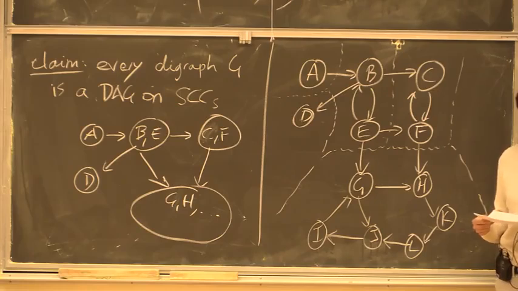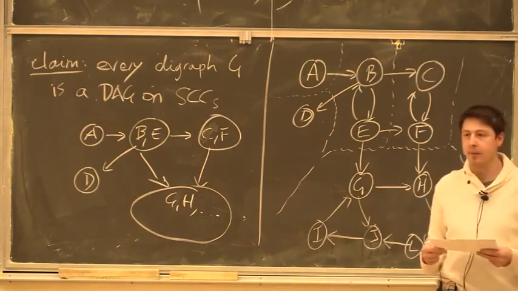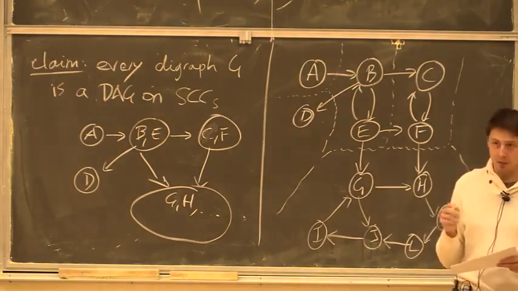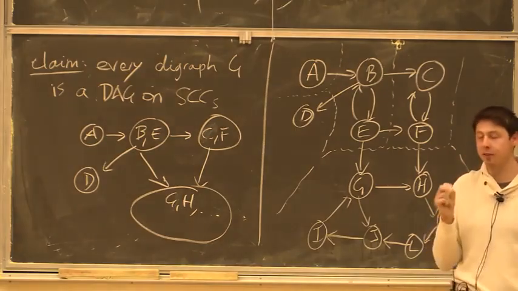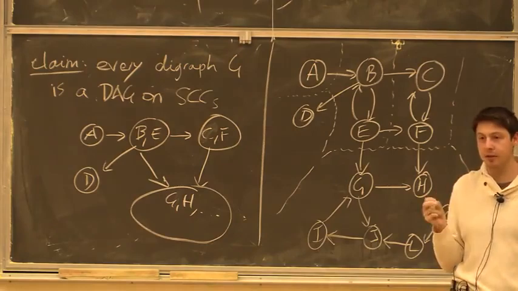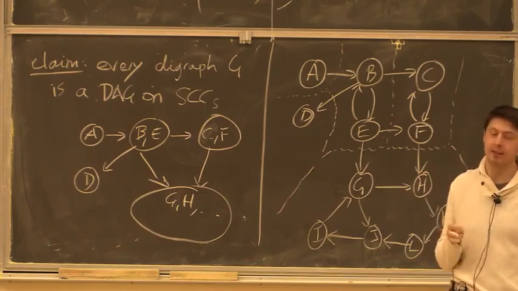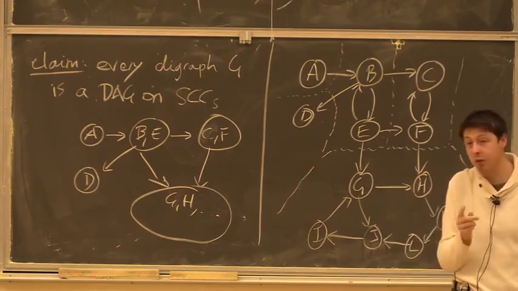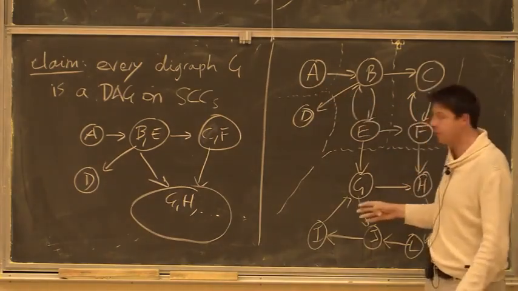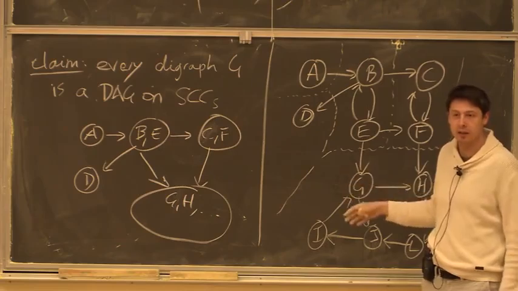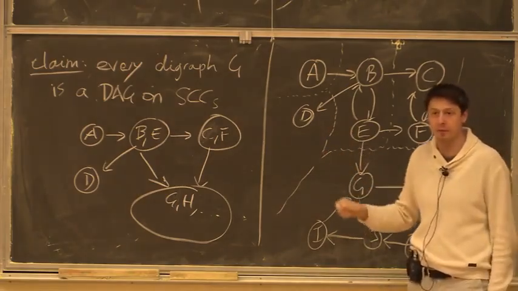The question was, why is it fine that I start at a source SCC? The suggestion was, well, I will end up at a sink SCC. That's actually not quite true, right? Because if you start, say, here, you explore everything, but you don't know when you are in a sink SCC. You just kind of end up marking everything. The algorithm doesn't know, right?